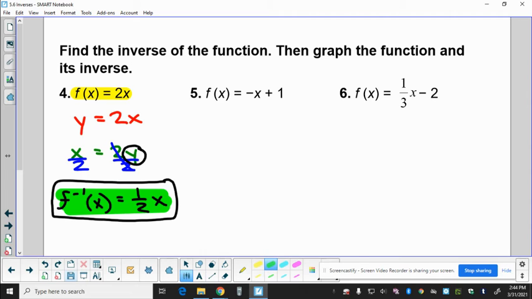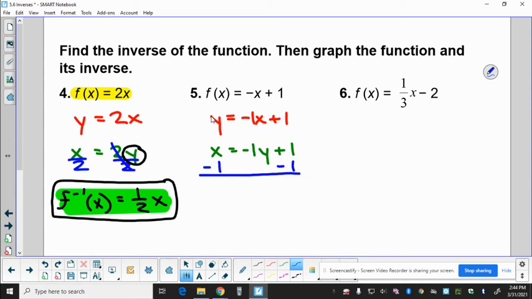Okay, step number 1, take this out of function notation. I'll put a 1 in there in front of that x. Step number 2, exchange the place of your variables. Step number 3, solve the equation. So I'll subtract 1. Divide everything by a -1.